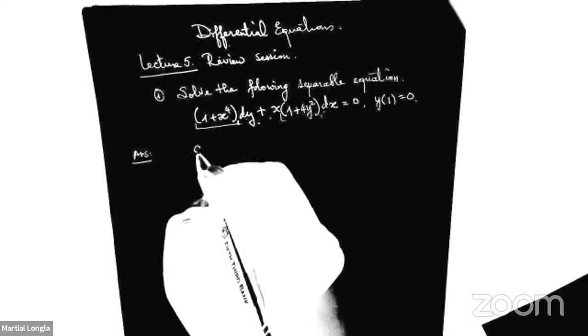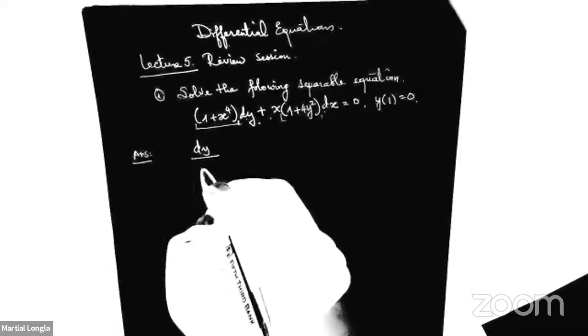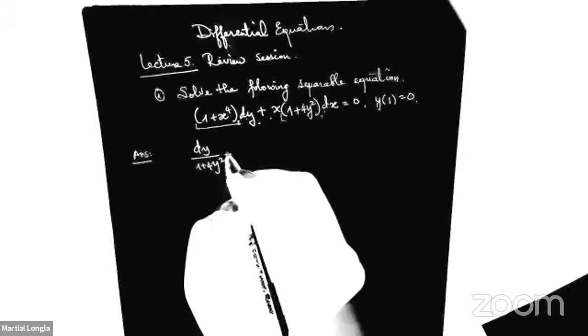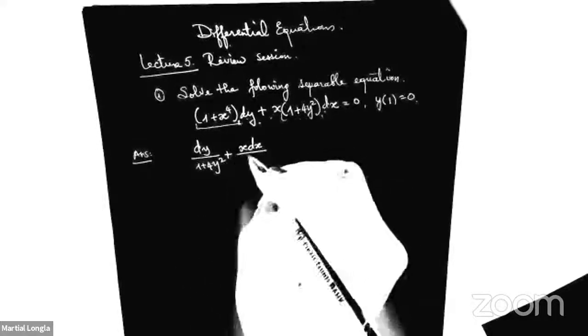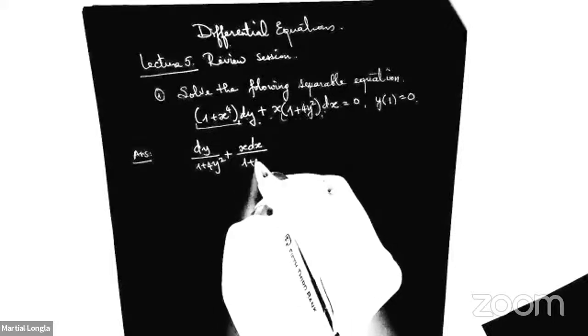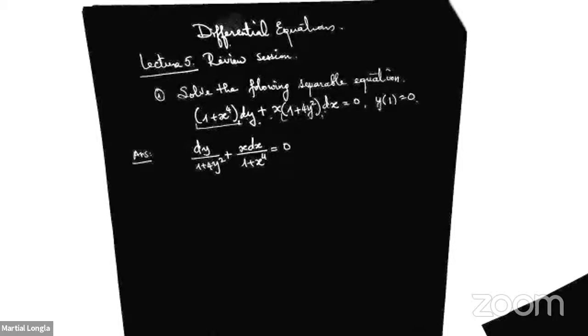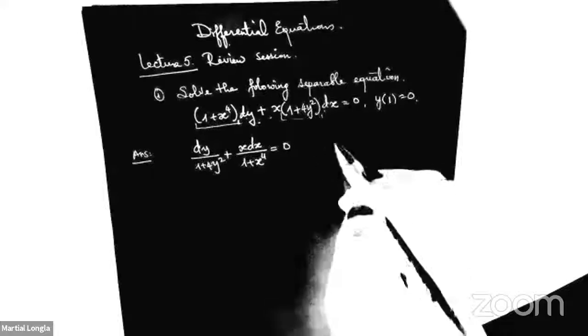So it turns into dy over 1 plus 4y squared plus x dx over 1 plus x to the 4th equals 0. So we divide the equation by those things to make sure that all the x's are together and all the y's are together.